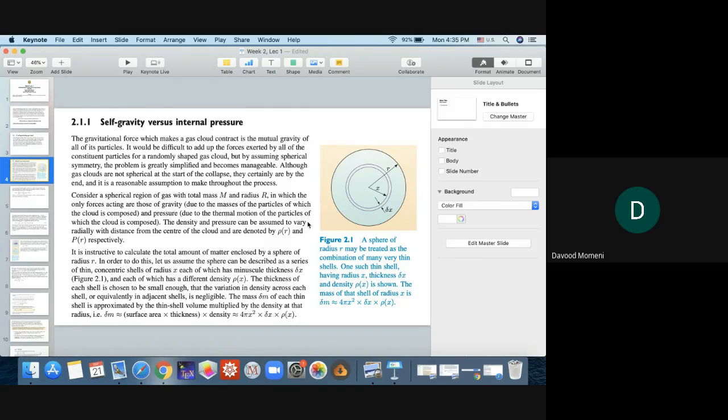For example, I will ask you a very interesting question after 2-3 slides. Consider a shell of the mass, which is a very tiny part of this whole system, where the thickness is delta x and the radius of this shell is, for example, x. The mass which exists between these two rings is a sample of the whole mass.